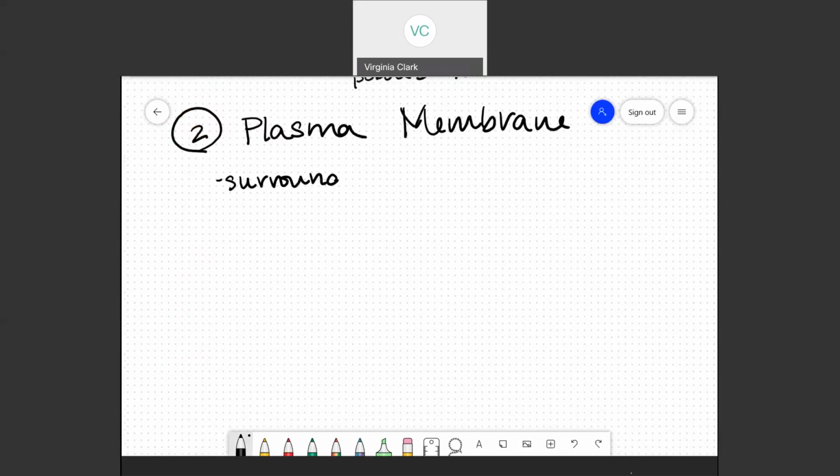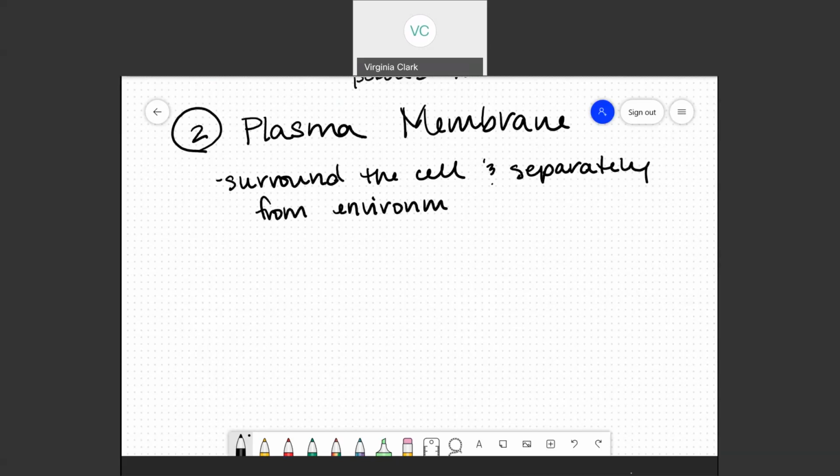It's the fence. It's the wall that will keep everything inside the cell and keep the things outside the cell that need to stay outside. So it will surround the cell and separate it from the environment. It will maintain a boundary, which is very important for maintaining the integrity of both the inside and the outside. So this plasma membrane is really important.